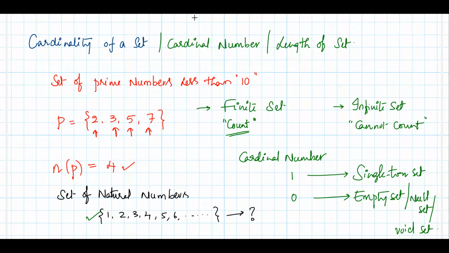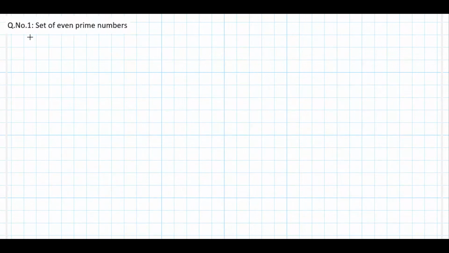Good. Without any delay, we'll start the problem solving. What is the first question here? The set of even prime numbers. What are all the prime numbers we know? 2, 3, 5, 7, 11, 13, 17, 19, and keep going.